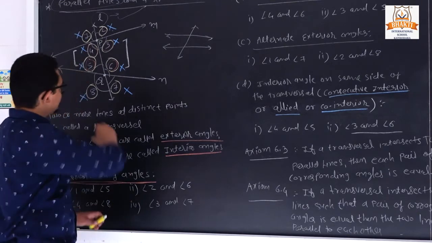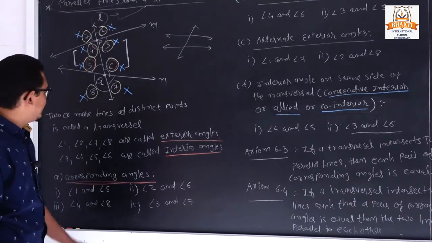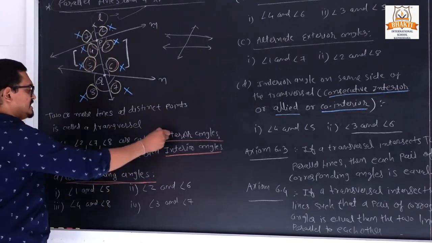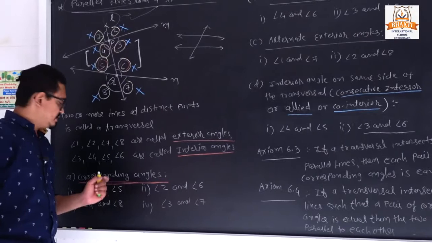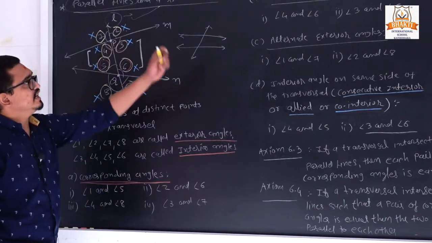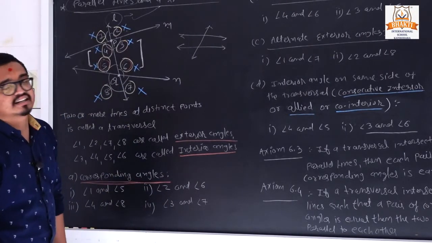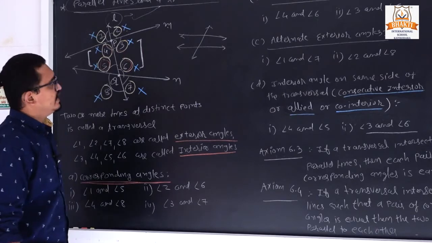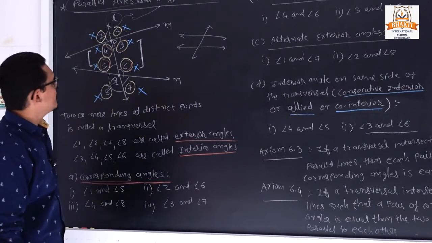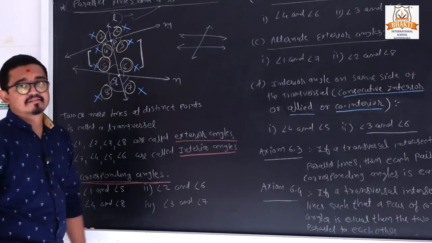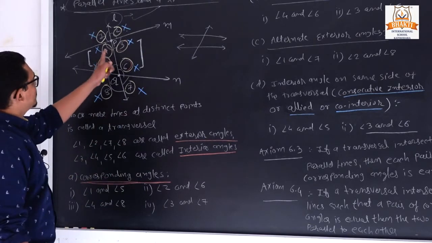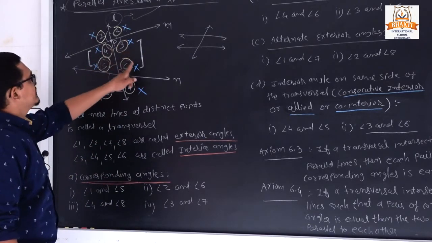So from this figure we can get the idea of exterior, interior, then corresponding, then alternate interior and alternate exterior, and then allied angles. Clear? Allied angle means these 4, 5 and 3, 6.